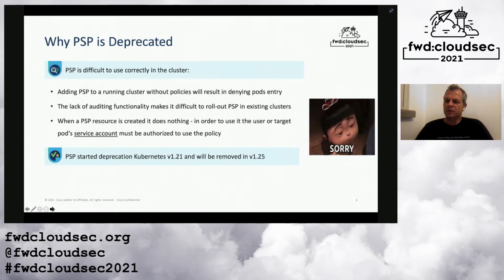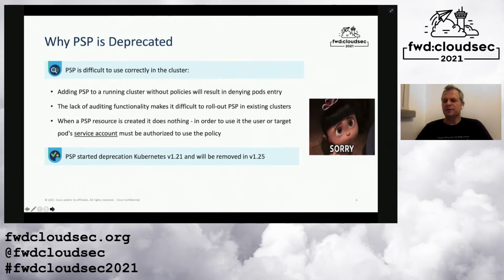Today, I spent some time with one of our users trying to identify the problem, and only finally realized that there is a PSP that someone defined. He was not aware of it, and it was denying the operational work. It was very hard to see the results at runtime. Also, with the structure, you need to create a resource, then do the role binding, and just creating a resource doesn't do anything if you don't do the role binding.